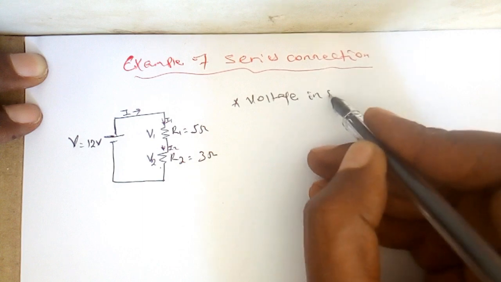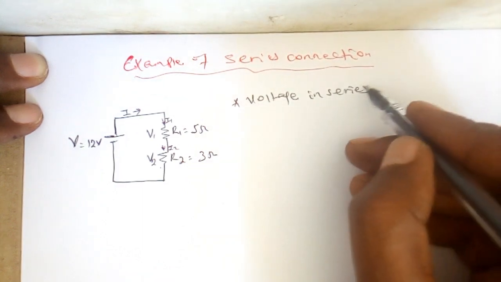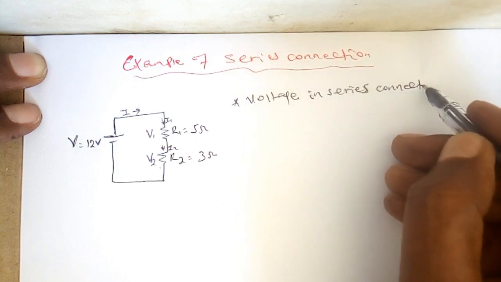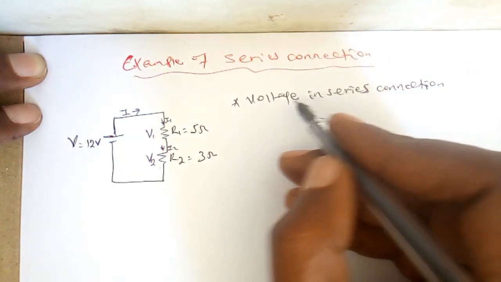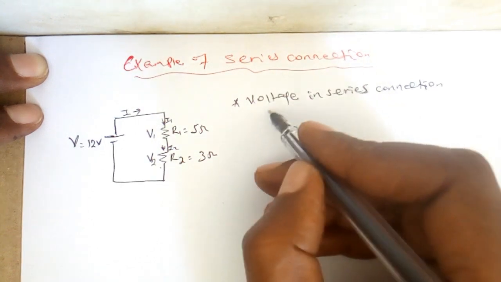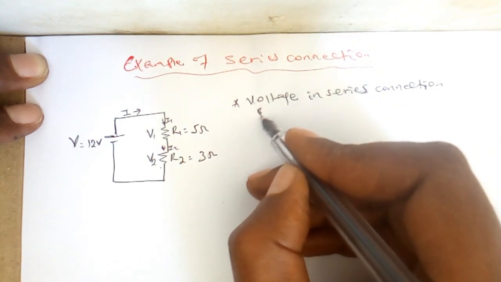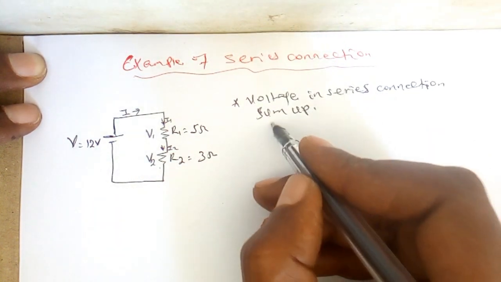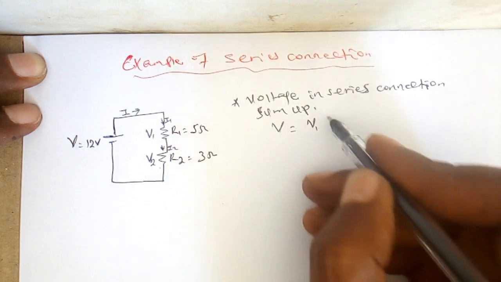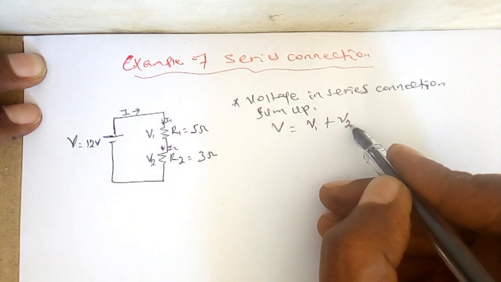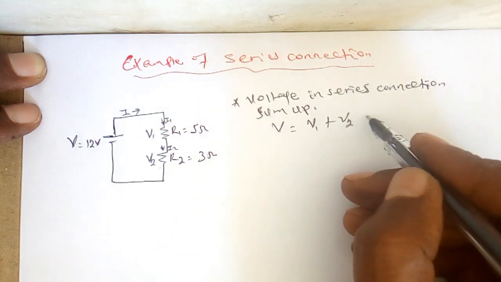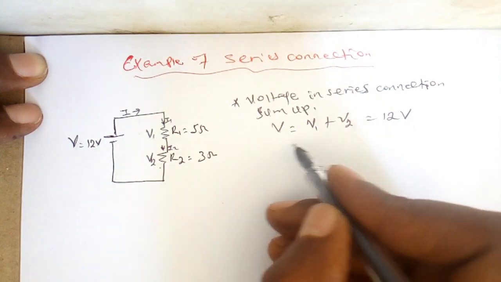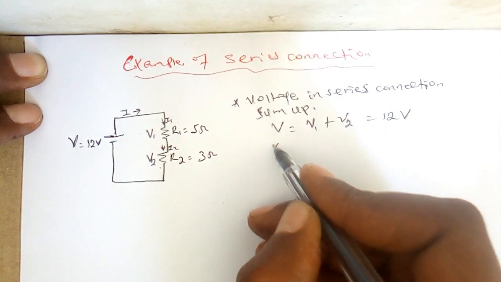In this connection, what will be the voltage? Voltage in series will be summed up. The voltage in series increases as the number of panels increases. So as you look, in the series connection the voltage sum means V is equal to V1 plus V2, as in this example, given 12 volts.